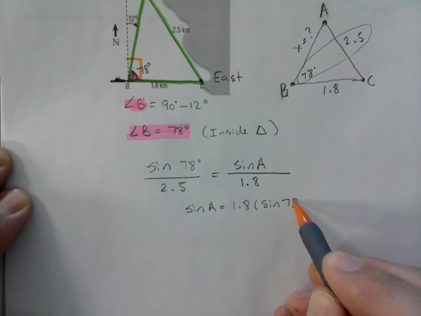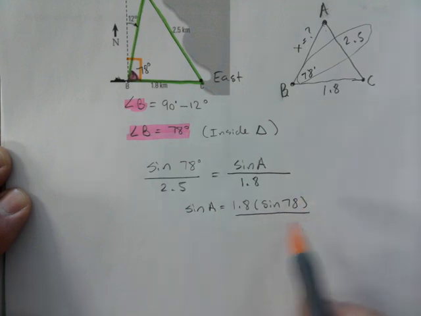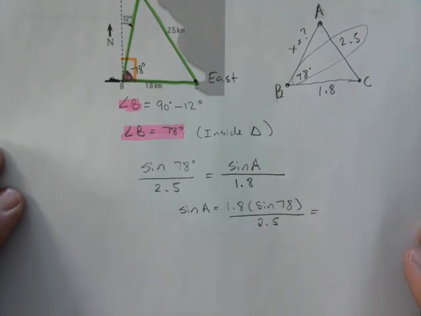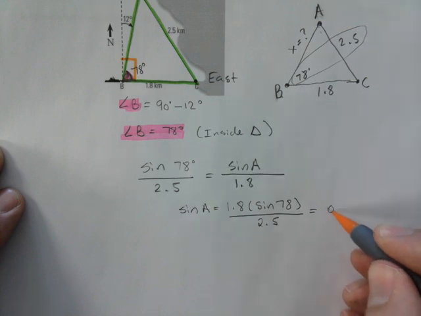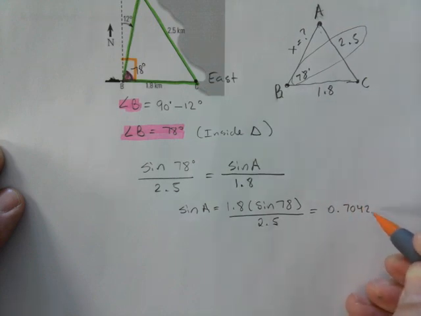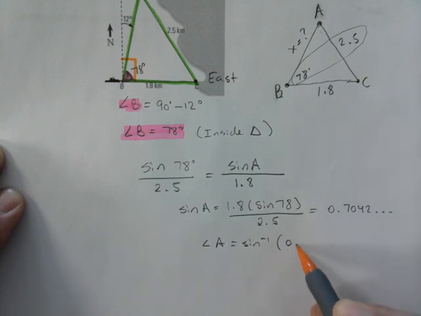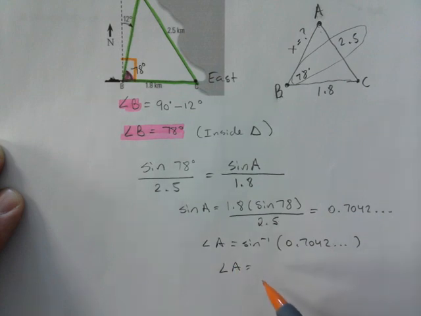This isn't just a slam dunk, one setup and you're done. Let's figure out what this is. I want to make sure we finish this example today. So sine of A is 0.7042..., so angle A is sine inverse of that. Make sure you write this down, and you have 44.77 as your angle there.